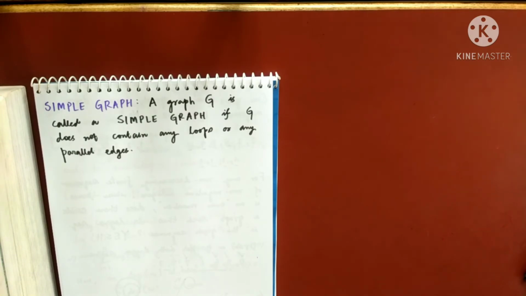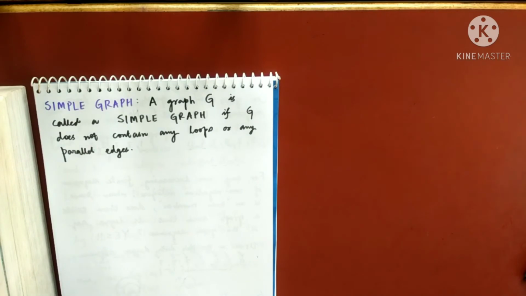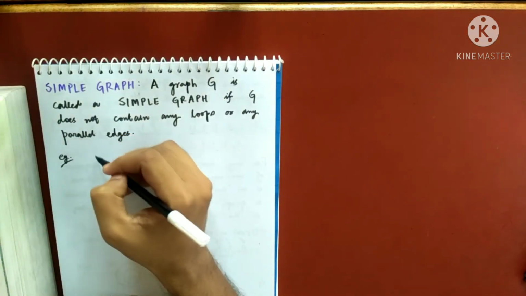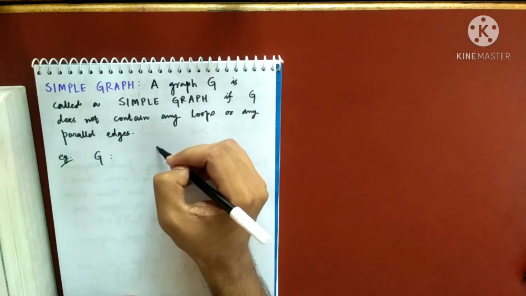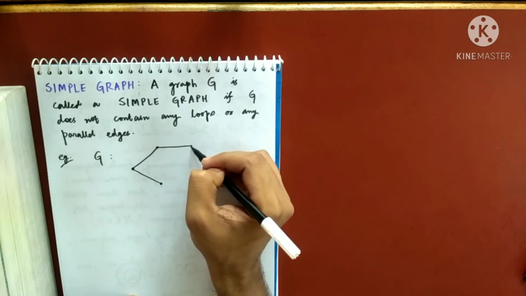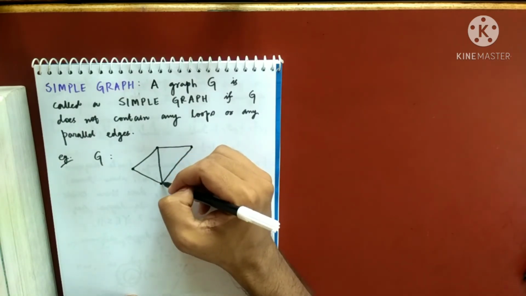There cannot be two edges. That is the case of parallel edges, right? So we will only talk about simple graphs now onwards. So what is a simple graph? Which has no loop or no parallel edge. For example, this graph you see, if I consider this graph G, you can consider this graph only, right?